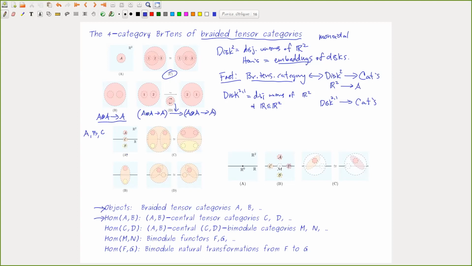So I'm going to consider basic disks for the moment. No, yeah. So for the moment, no. The category disk 2,1 consists of disjoint unions of R2 and this particular thing. Now, these lie inside a bigger category, which you could easily define, which we will study later, which is the category of stratified surfaces.